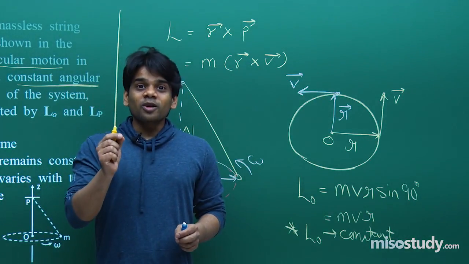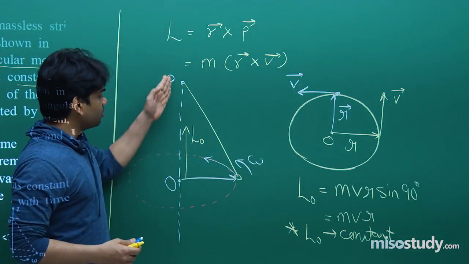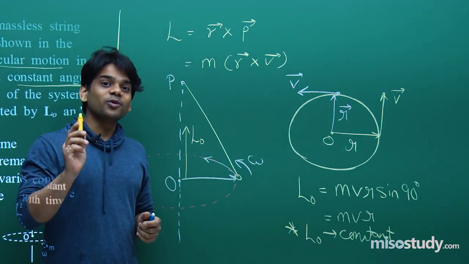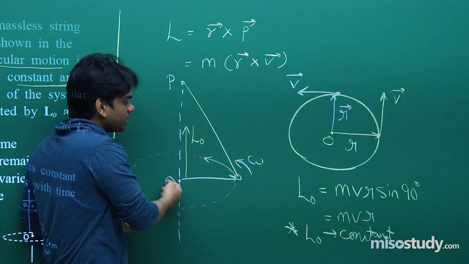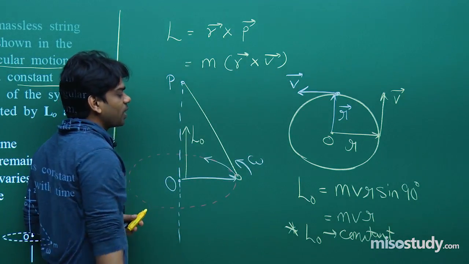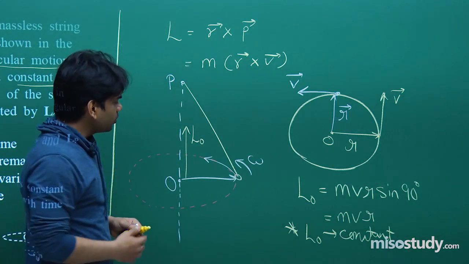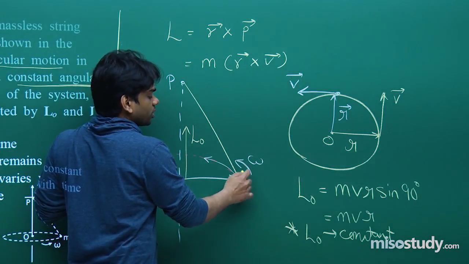Now the main important part is about LP, that is the angular momentum about point P. This is the most important point. How to understand it? Imagine, you have to use your imagination. You see here, this is the line PO, this is the O connecting with the particle, this is line P connecting with the particle, this is string. If we talk about its angular momentum about point P, you see here, its linear velocity is going into the plane of the board at this point.